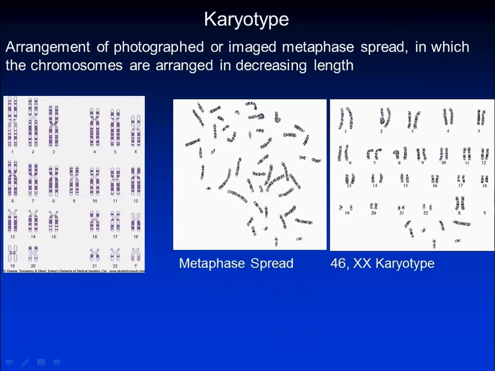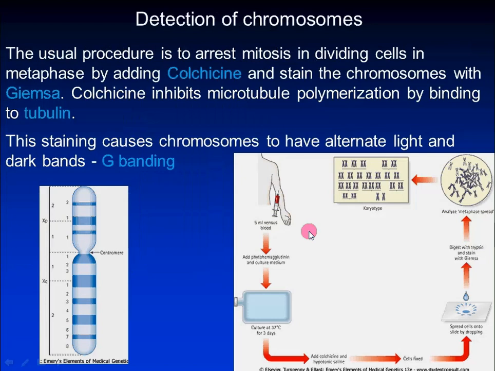Karyotype is an imaged metaphase spread in which chromosomes are arranged in decreasing length. To obtain a karyotype from a cell, the first step is to arrest mitosis. A standard procedure to arrest mitosis in dividing cells is to use colchicine.